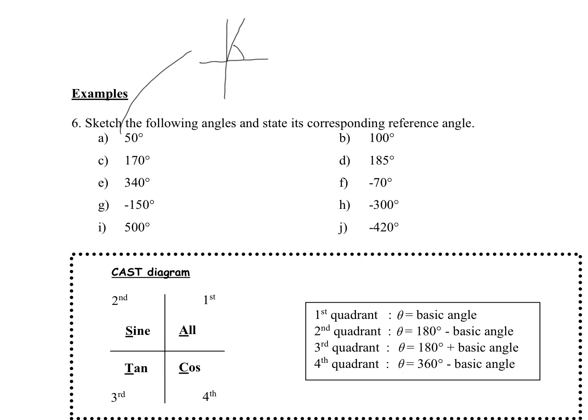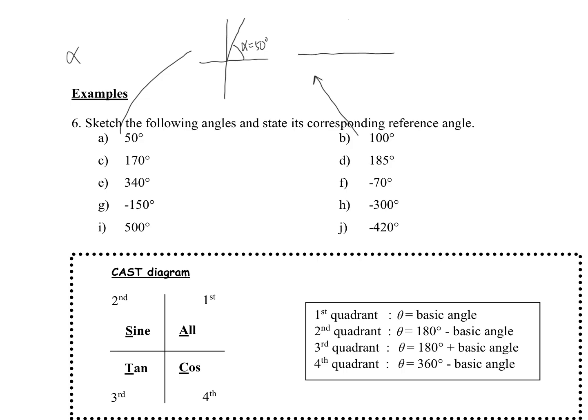And then my reference angle is just the angle that is given. So it's the same angle. So I can also call this 50. When you use this symbol, the one that looks like a fish, it is with reference to your reference angle or basic angle.